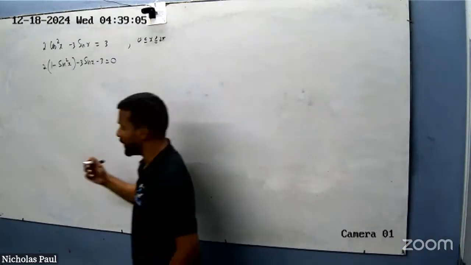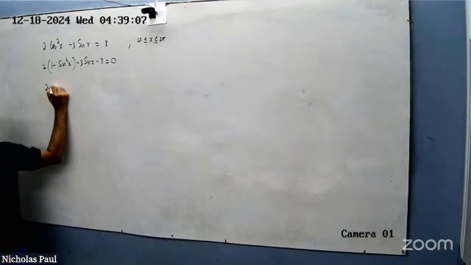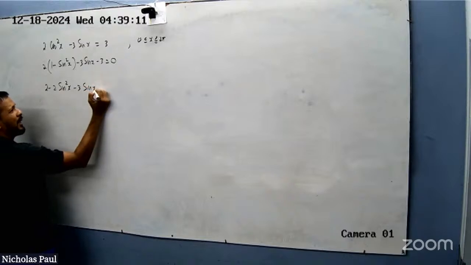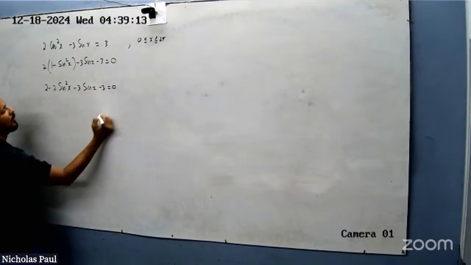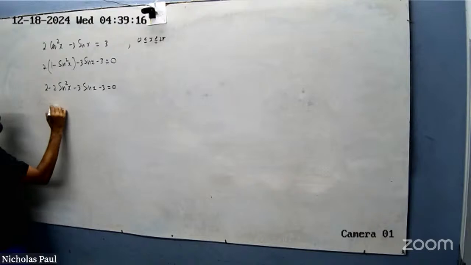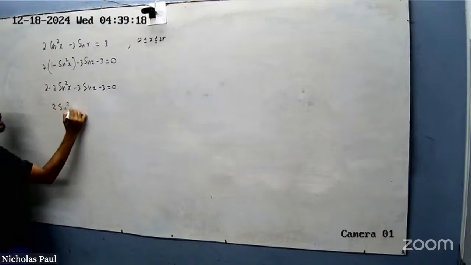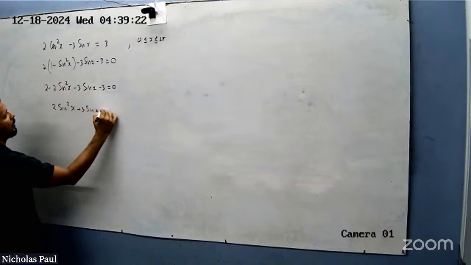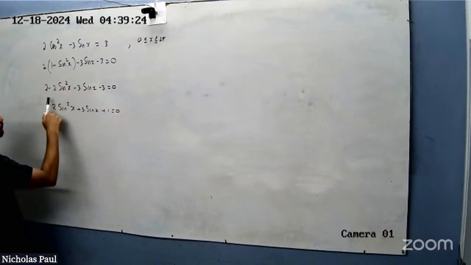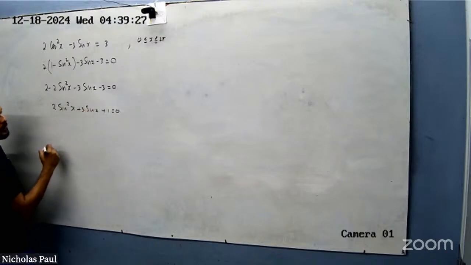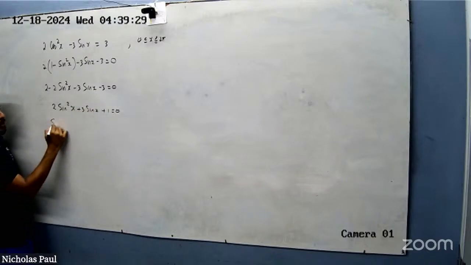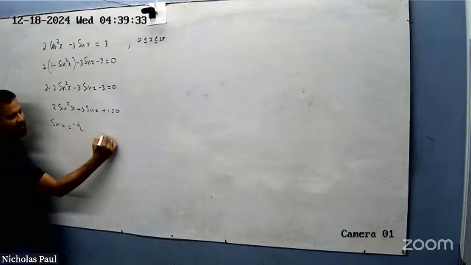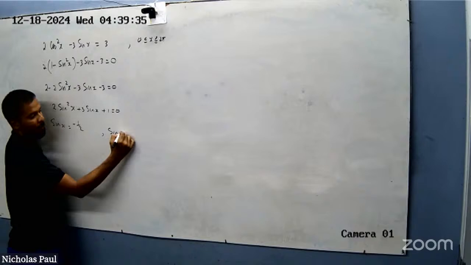By the way, we're working in radians, right? So you'll get 2 sine squared x plus 3 sine x plus 1 is 0. When you factorize this, what do you get? Minus a half and minus 1.